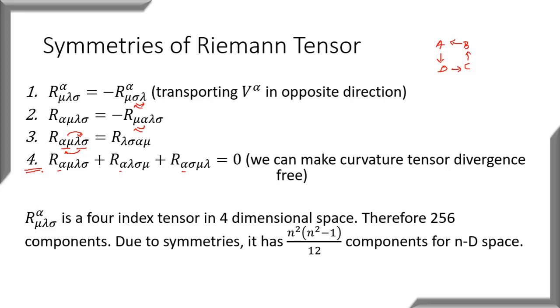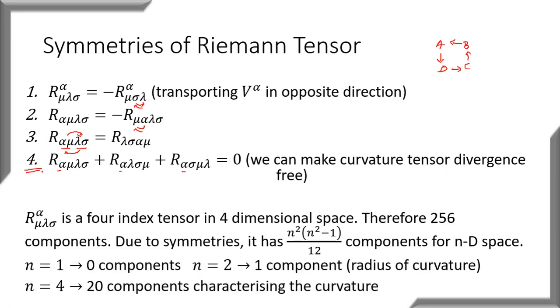So let us see what happens in a one-dimensional space. In a one-dimensional space, this term goes to 0, so we have 0 components. That is, in one-dimensional space, the only possible motion is to and fro motion. There is nothing I can define as a curvature. When I parallel transport a vector to and fro, what I will get is just the same. So it's just a single line motion and nothing contributes to the curvature.